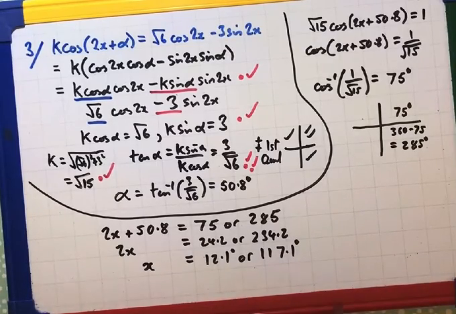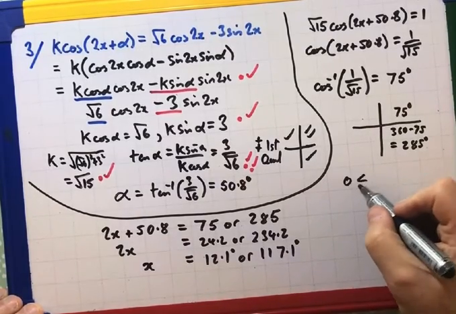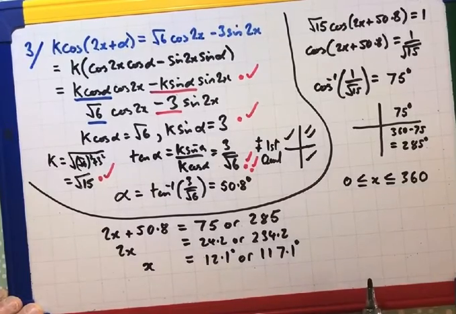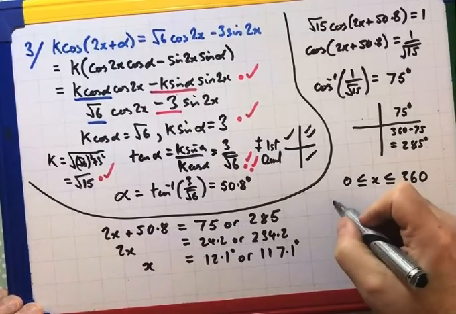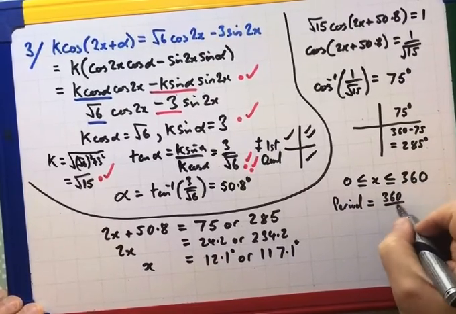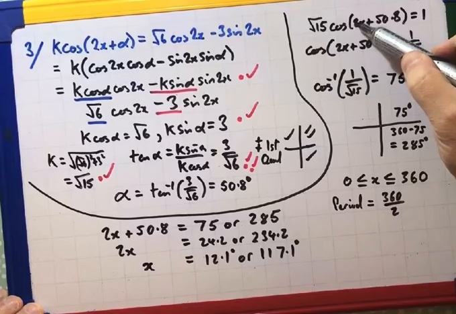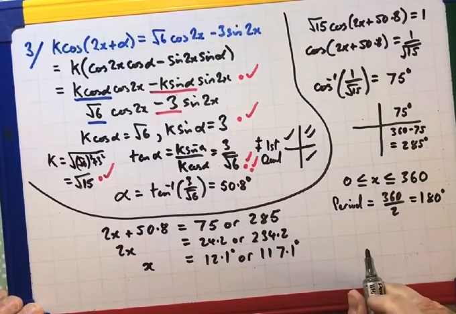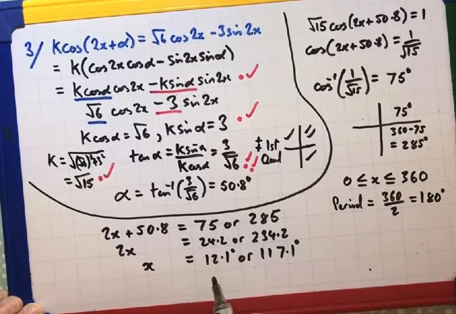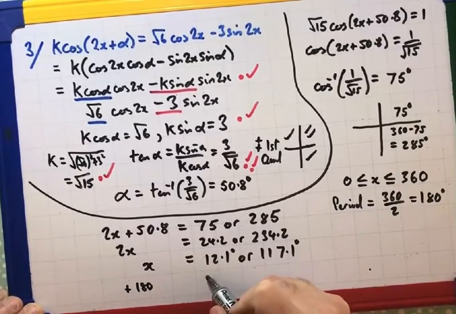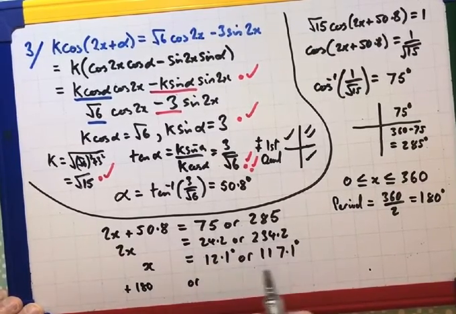But that isn't quite the story, because remember they said they wanted that. Remember our period for this thing is 360 over n, and n is 2, because it's 2 there. So the period for this thing is 180 degrees. So I can add 180 degrees to both of these, can't I? Which is one period.